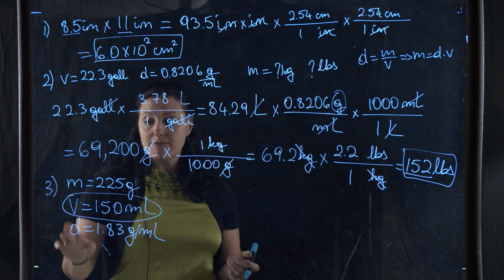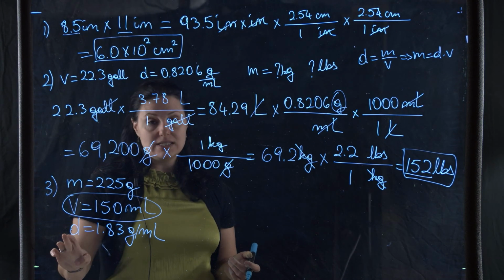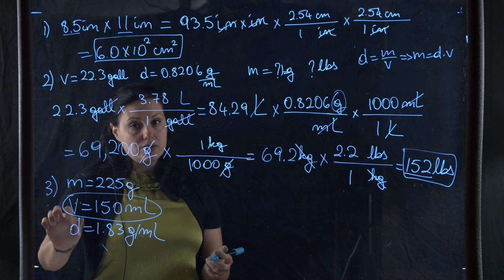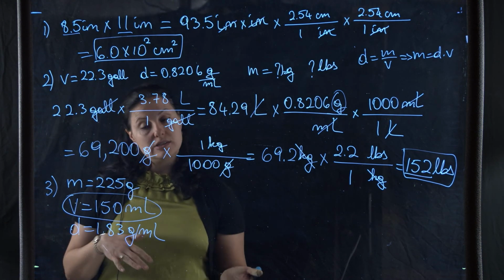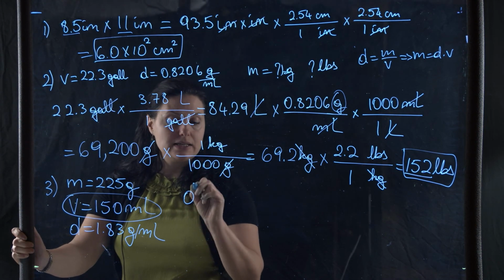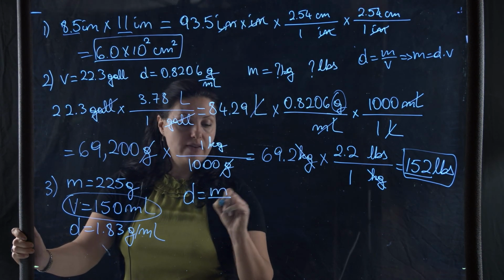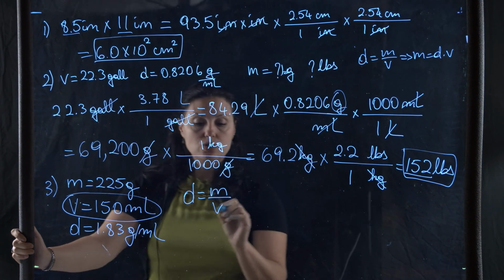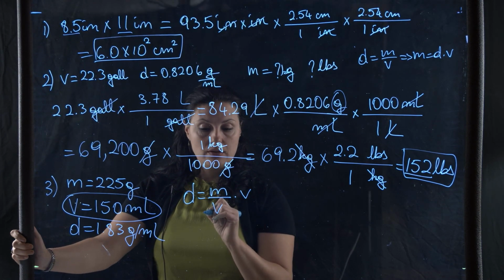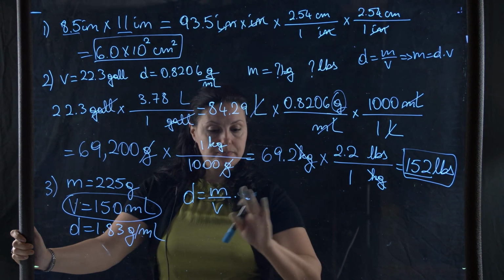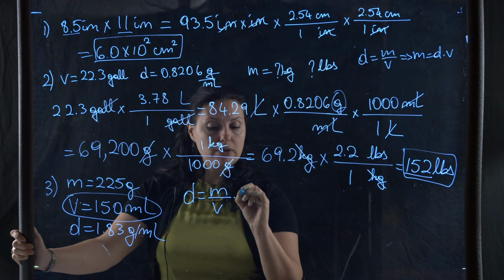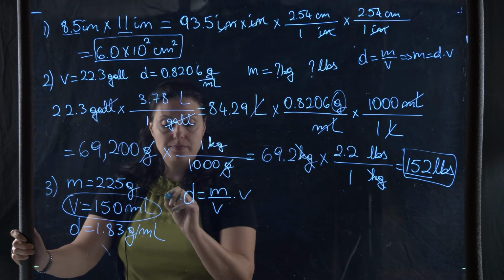Or I can find the volume from the mass and the density, which is what I'm going to do, and then compare it to this volume and see if it's smaller or larger than that. But I know that my density is equal to the mass divided by the volume. So to figure out the volume, I can first multiply by volume both sides.